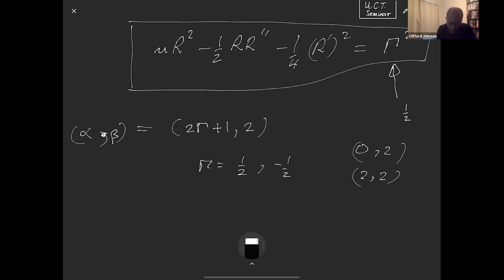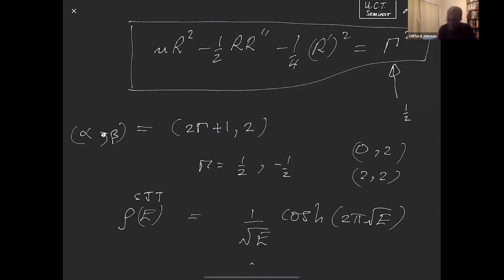The key there is that in that case, the spectral density for the super JT model looks like 1 over the square root of E times the hyperbolic cosine up to some factors. That's the leading disk contribution to the partition function. So you can pretty much play the same game that I talked about in the Hermitian matrix model case, right?